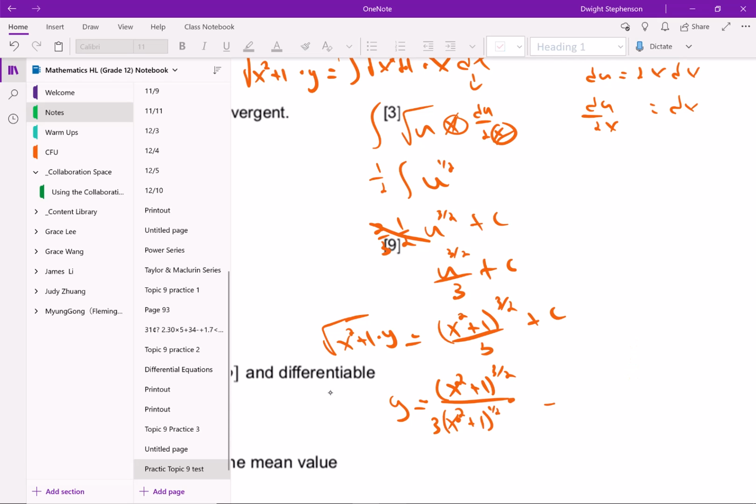It's the same idea there. So really we're going to get y equals, we're going to subtract these exponents. 3/2 minus 1/2 is 2/2 or 1. So we get x squared plus 1 over 3, and there's a plus c here as well. Something doesn't seem quite right. 3/2 minus 1/2.